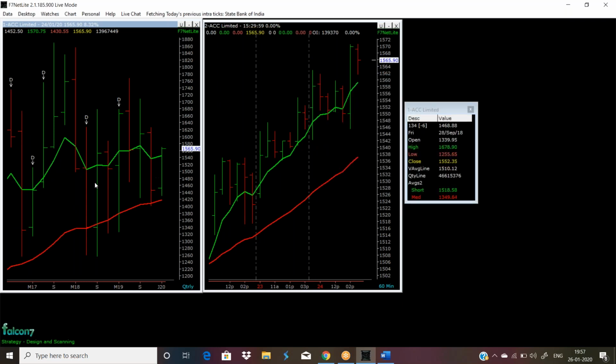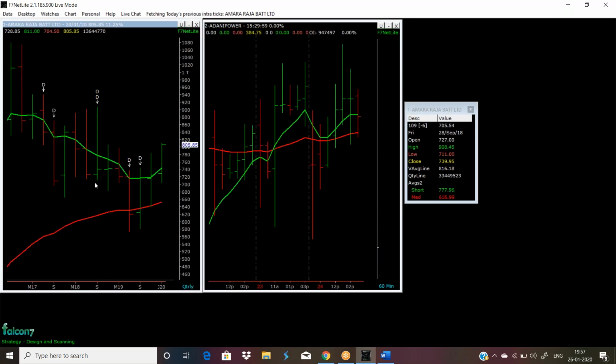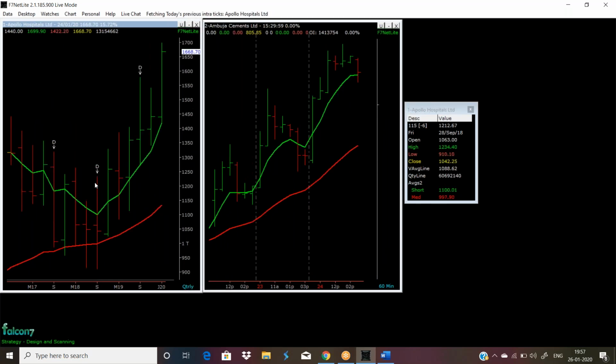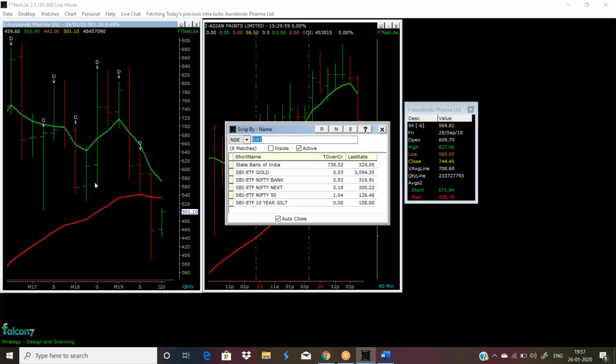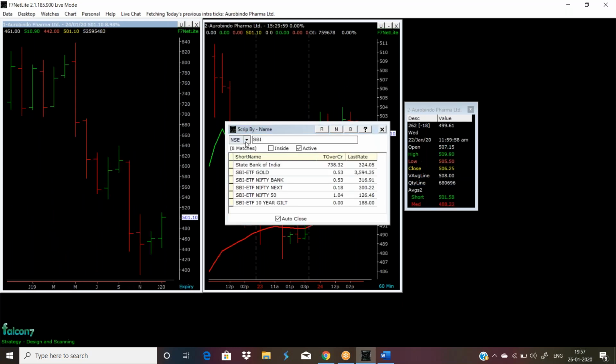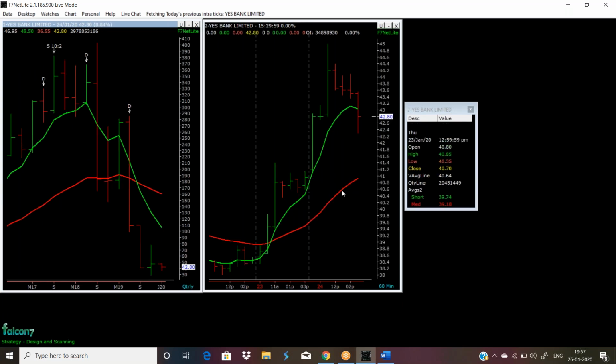Whenever you feel that price has gone away from E6, it will meet E6. I'll show you. In S Bank, if you check the chart of S Bank, here price is away from E6.